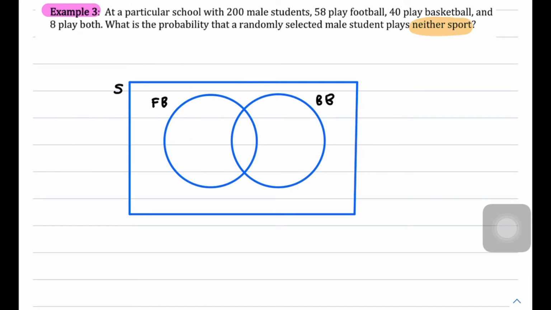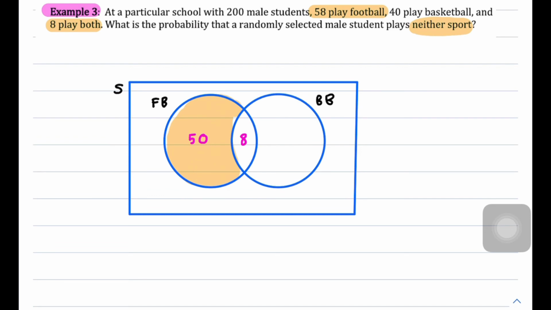From the question, 8 male students play both games, which is the 8 that will be here. And the question also gives you that 58 of them play football. So how many play football only, which is this area? 58 minus 8, so you have 50 male students who play football only.